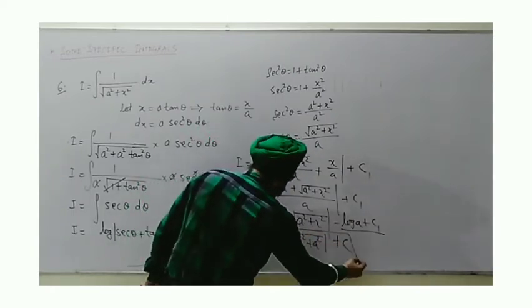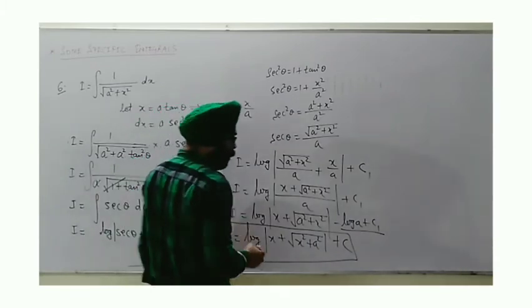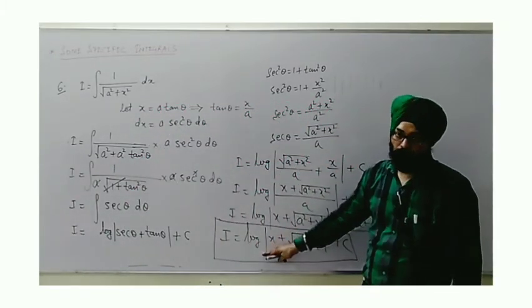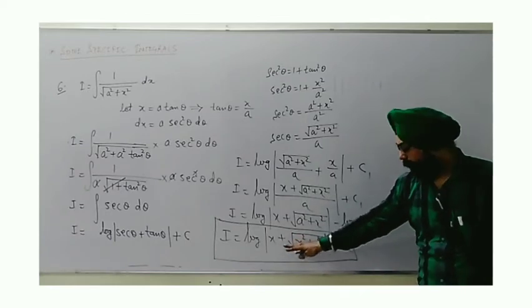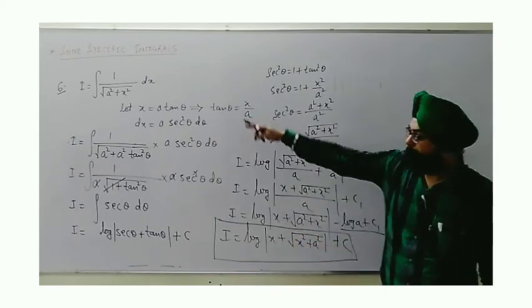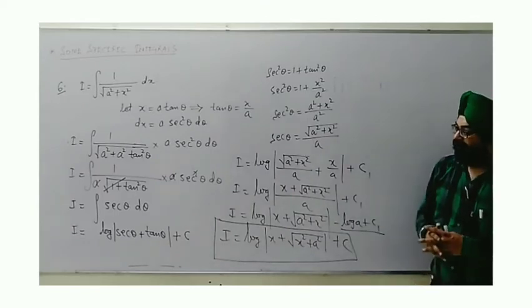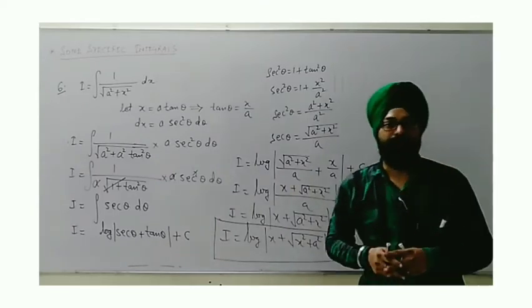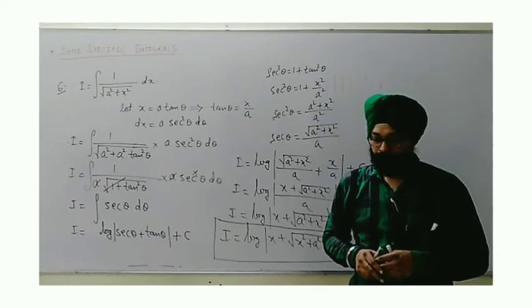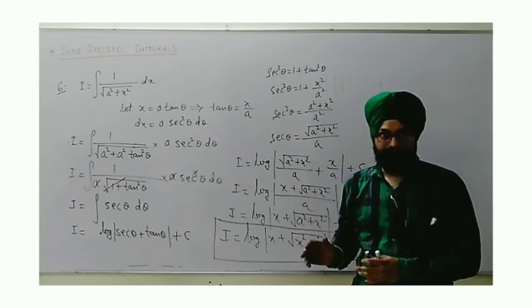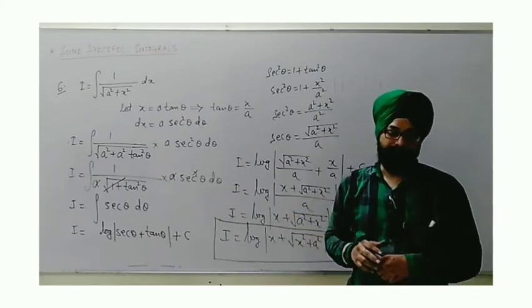Now you can observe this also becomes like the previous case. We have the integral in the form of a log, and the first term is x plus, added by the same pattern, under root x square plus a square. So these are the 6 main identities in this specific integral section. We will see a few questions on these identities. After that, I will explain the main application.